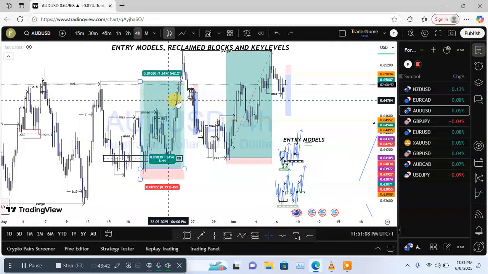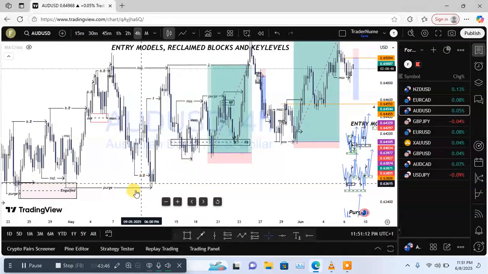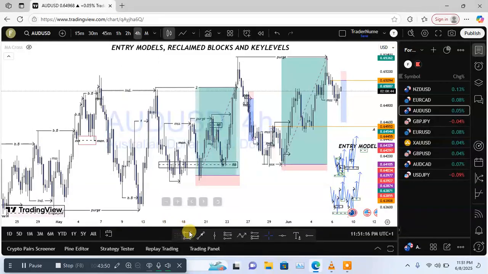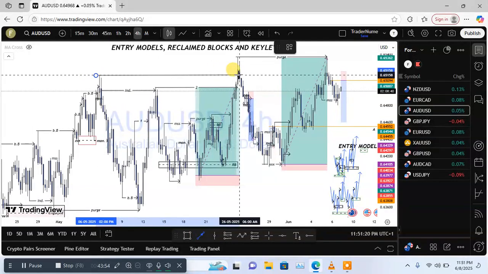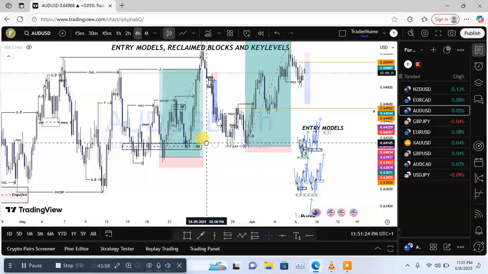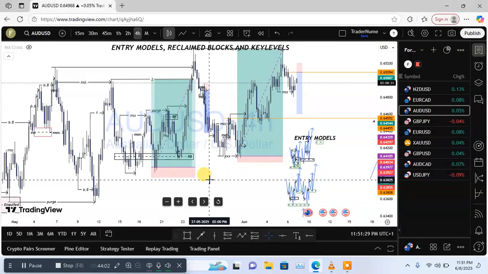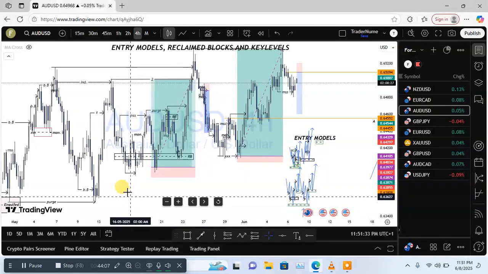Now this is our 4 hours, right? So when price came here, it gave a purge. Price has now broken this, a 4-hour break of structure. This entire break. So our discount zone after that break, what are we expecting? We are expecting this to happen.